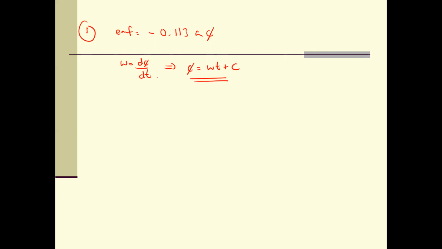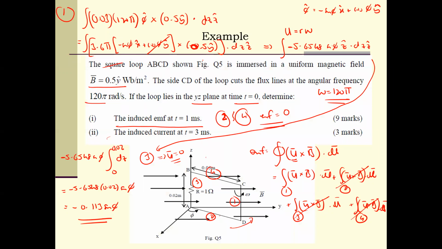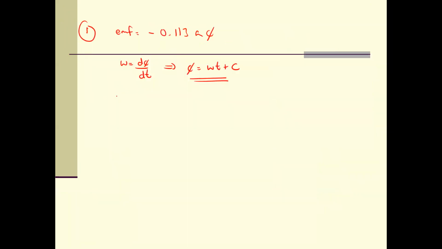Based on the information that states that in the YZ plane the time t is 0, which means that at the YZ plane your phi angle is equal to pi over 2.